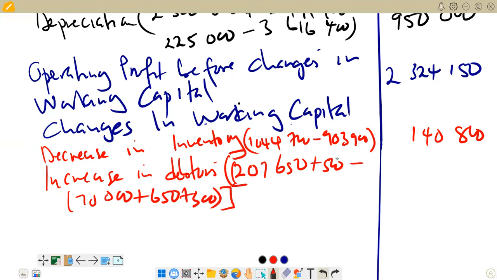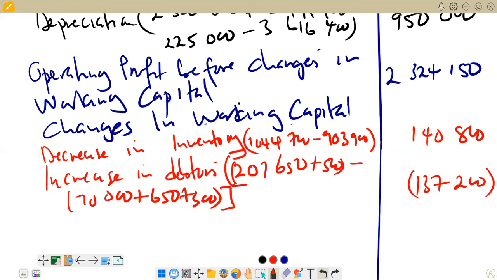Then when you find this total, you subtract this one. Let's try to see what we get there. So we get 137,200. And remember, we said this figure we're going to put in negative, since it's an increase of a current asset, it's a negative, right?